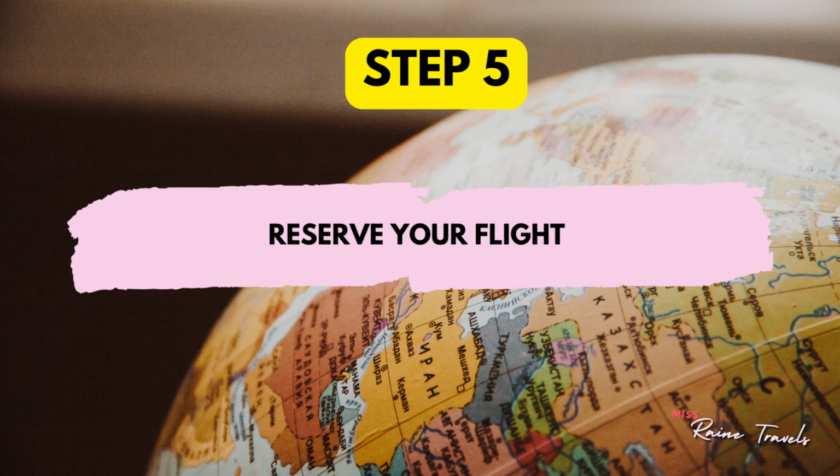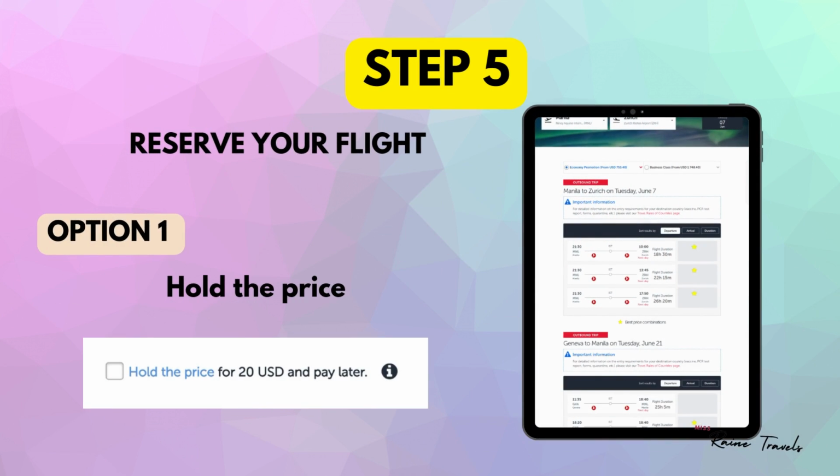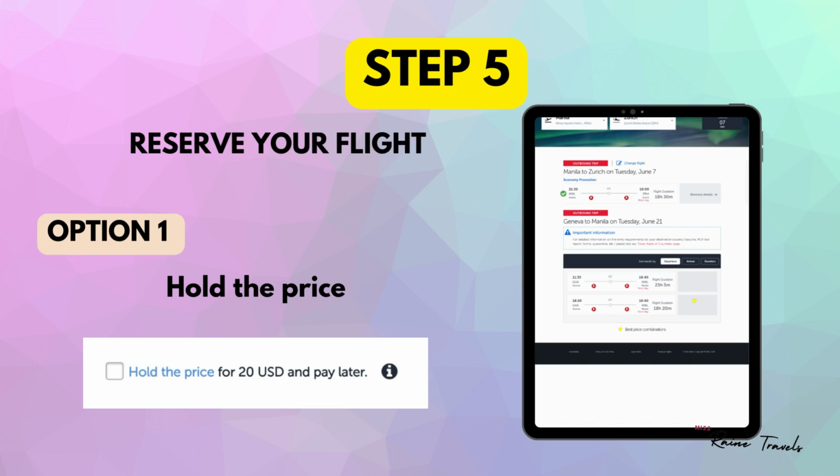Here I am going to give you 3 options on how to reserve your flight. The first 2 options will be for a flight reservation with a unique passenger reference number or reservation number. Option number 1 is referred to as the hold the price or hold the fare option.